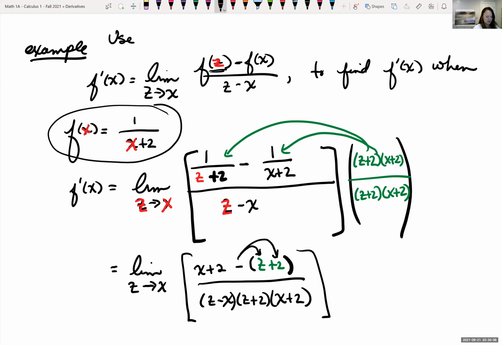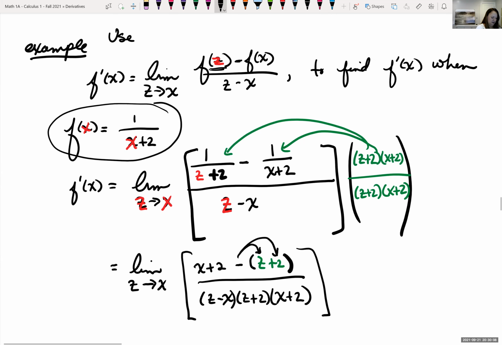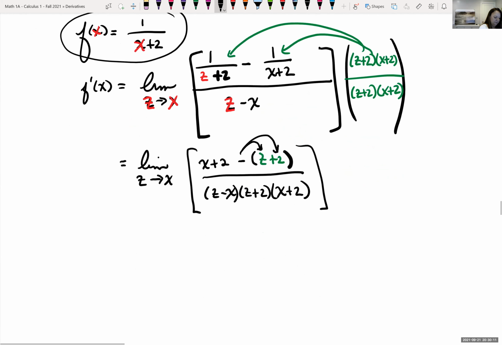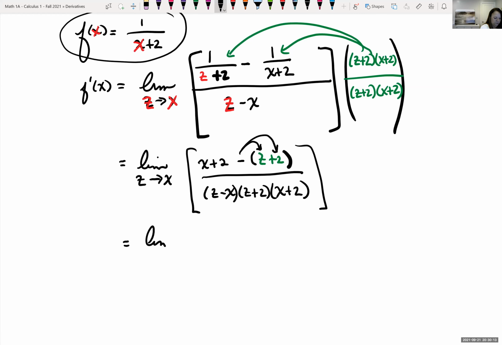So once we distribute that negative, we'll get the following. We'll have x plus 2 minus z minus 2 all over z minus x, z plus 2 and x plus 2.